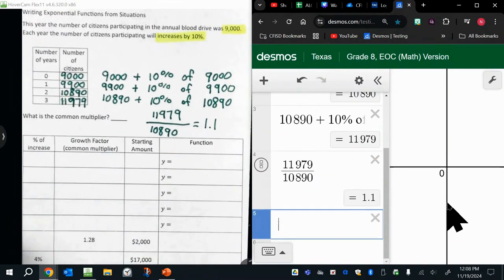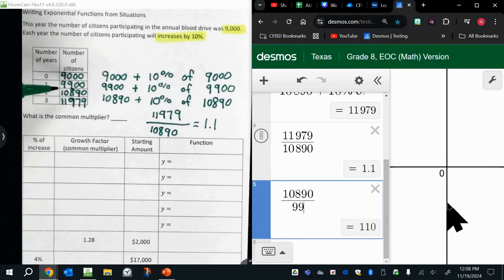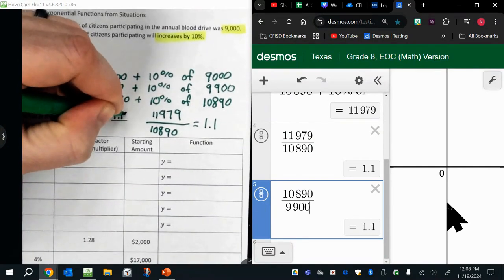I bet you if I do 10,890 and divide it by the number above it, which is 9,900, I get 1.1 again. So here's my common multiplier, 1.10.